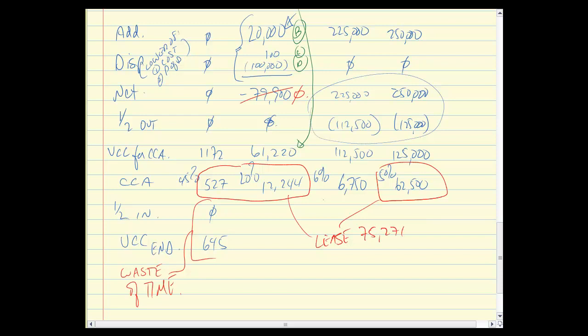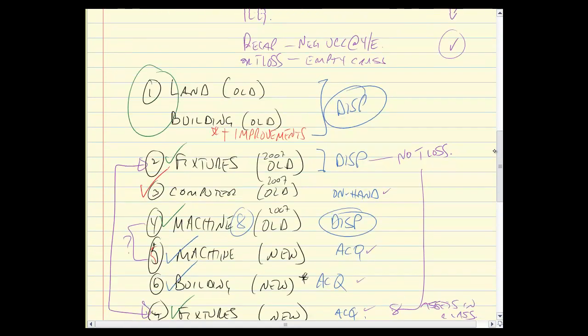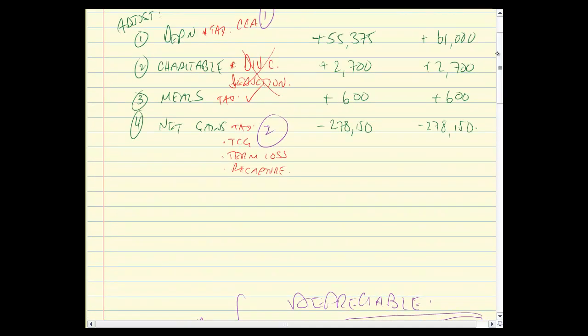And then the sum of all of them will be the buy option. And that will be 82021. Okay, so let me just fill those in so our schedule looks more complete. So here we go. CCA under the lease option is 75271, and under the buy option is 82021.